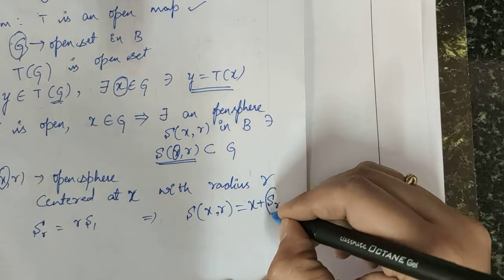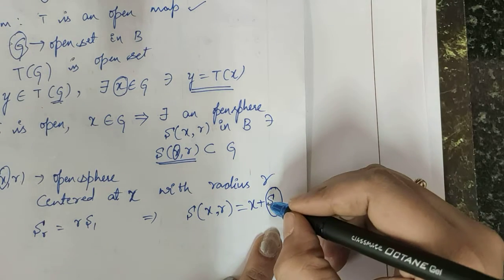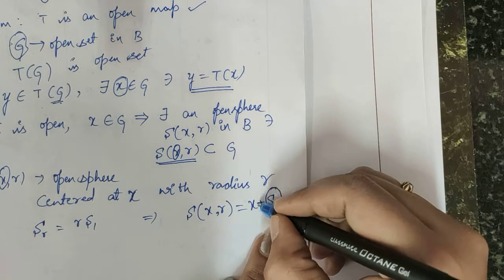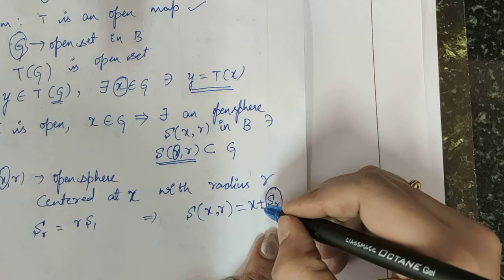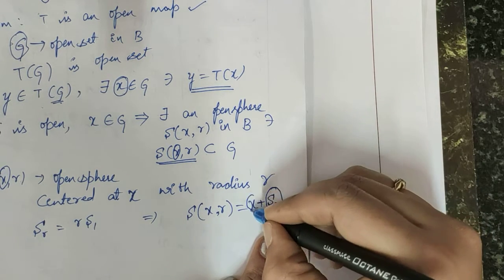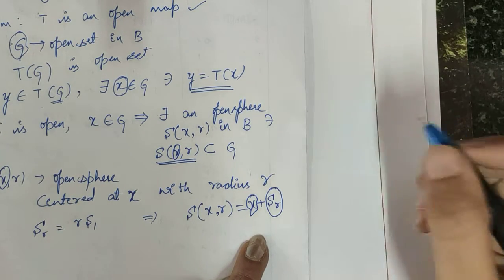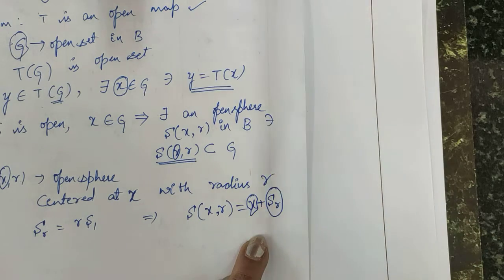That means SR is an open sphere centered at origin, right? So if the center point is somewhere other than the origin, then it will be the point x. So you can add that point to your open sphere SR, right?